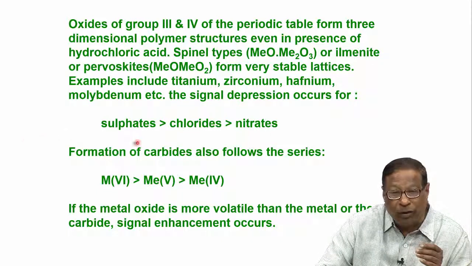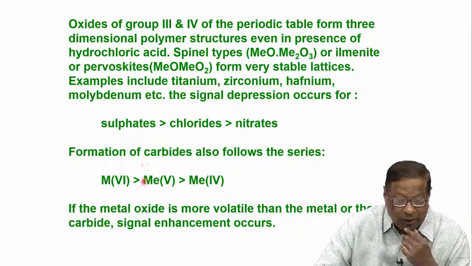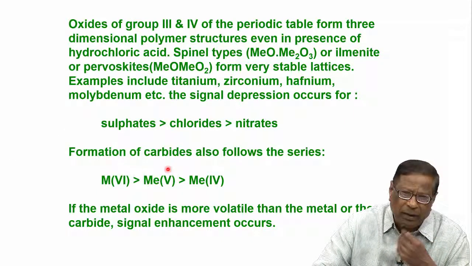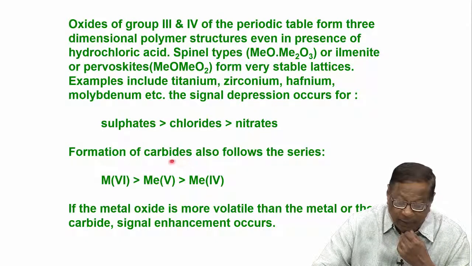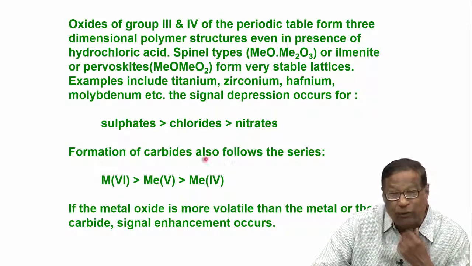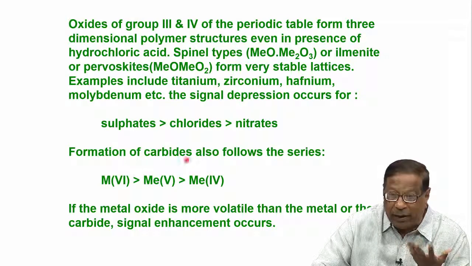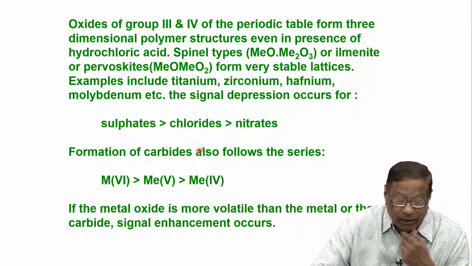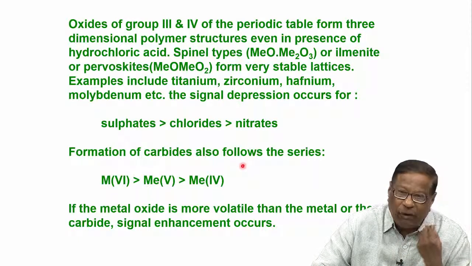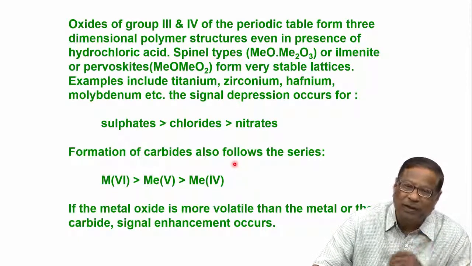So, the formation of carbides, titanium carbide, molybdenum carbide, tungsten carbide, so many elements form carbides, and these carbides are also sort of refractory. Boron nitrides are also there, and carbides, nitrides, etc. These decompose very little even at 3000 degrees centigrade.